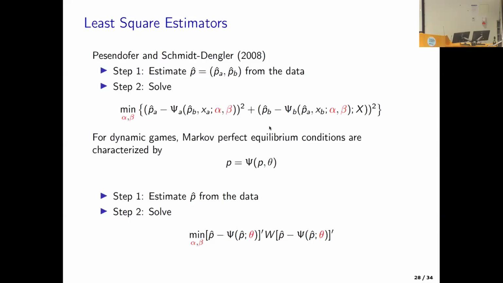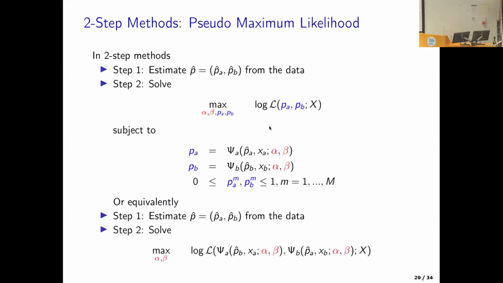This is minimum chi-squared, but you could also do pseudo maximum likelihood, which is what we're going to do here. So you estimate again the CCPs. Okay, now once you put those CCPs in your best response functions, those logit formulas, right? All the p's on the right-hand side are going to be fixed by the data. And now the whole thing just depends on the structural parameters.